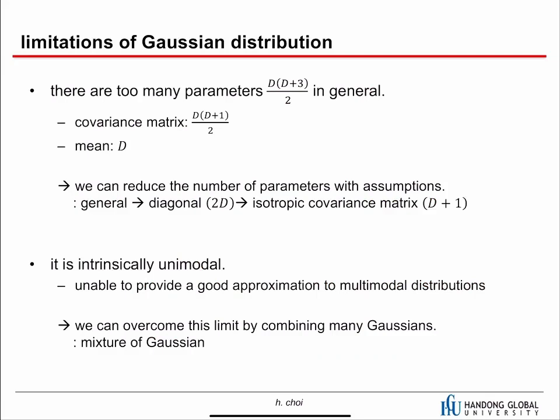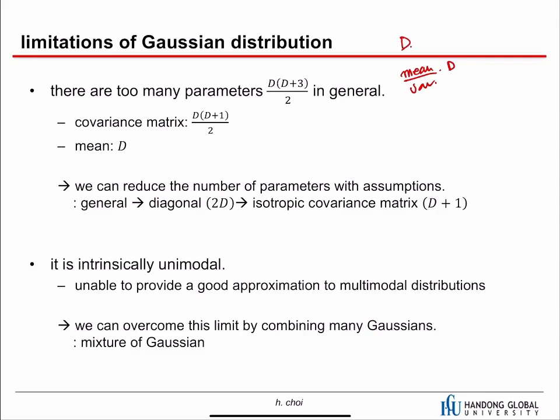Okay, so we have been talking about the Gaussian distributions for a while. Gaussian distribution is really beautiful and everybody loves Gaussian, but still there are some limits. First, there are too many parameters. Think about the mean and the variance. If the dimension is d, then for the mean we have d parameters, because the mean is a vector in d-dimensional space.